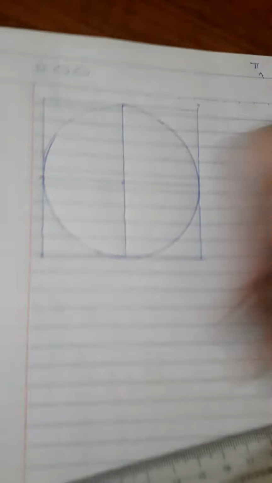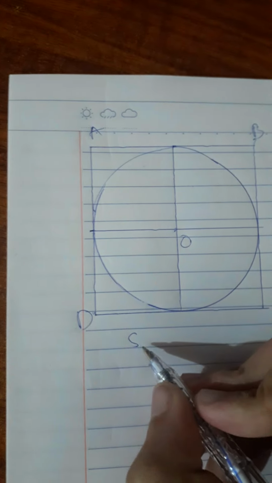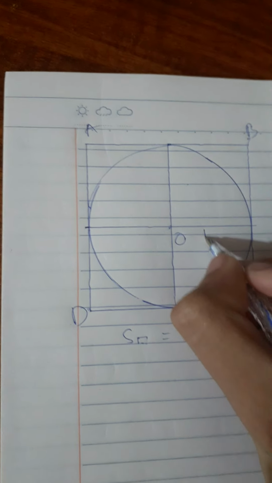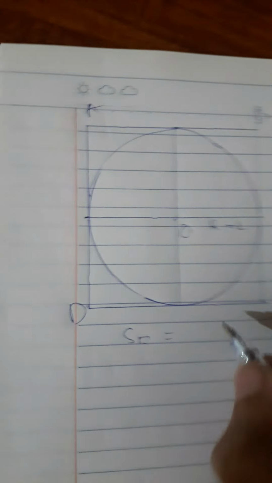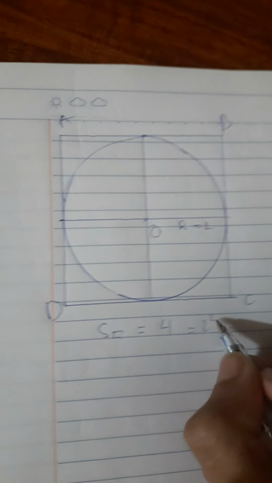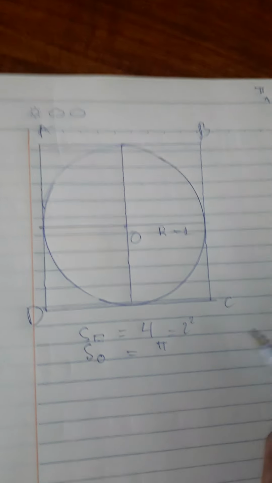O, A, B, C, D. So we know that the area of the square is, so let's just call this R, which is equal to 1, an easier measure. So the area of the square is just 4, 2 squared. The area of the circle is just pi r squared, or pi.